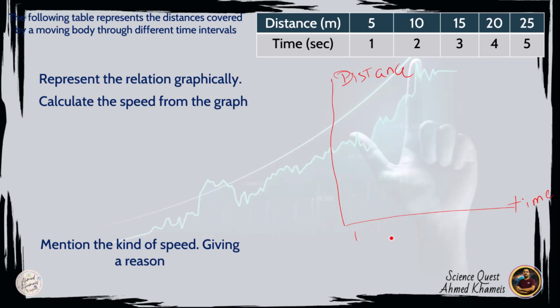So time 1, 2, 3, 4, and 5, and distance 5, 10, 15, 20, 25. 1 with 5, 2 with 10, 3 with 15, 4 with 20, 5 with 25, and it will be a straight line passing through the origin point because the body moves with a uniform speed.